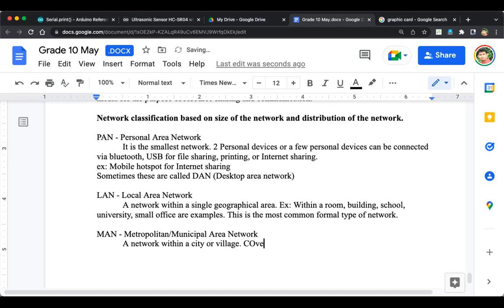Examples: city networks, banks, large universities having nearby branches or faculties.